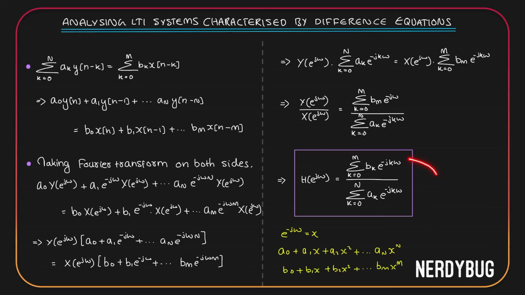So we can say the numerator of this equation is actually an mth order polynomial, but not in x, it is in e raised to minus j omega. We can also say the denominator is actually an nth order polynomial in e raised to minus j omega.